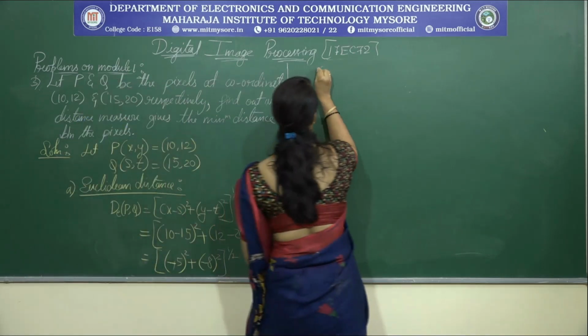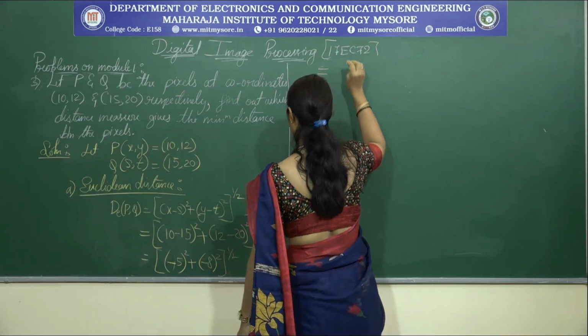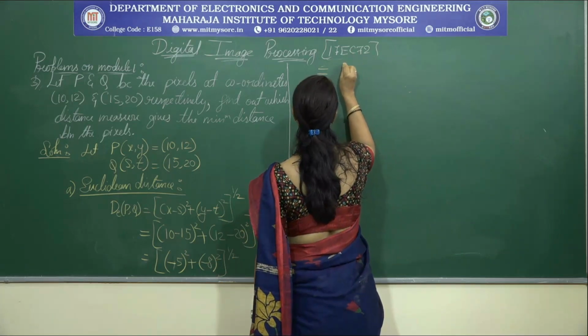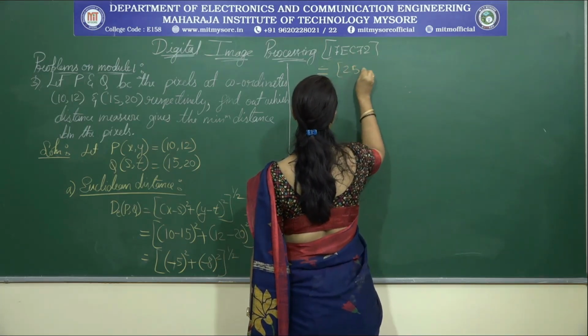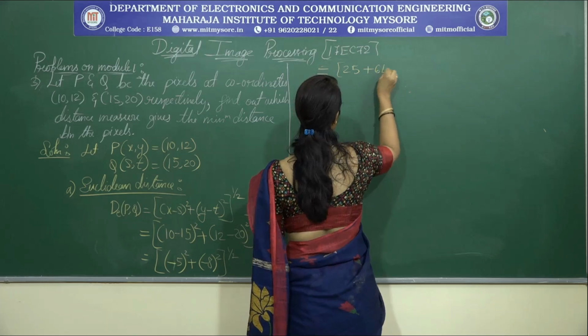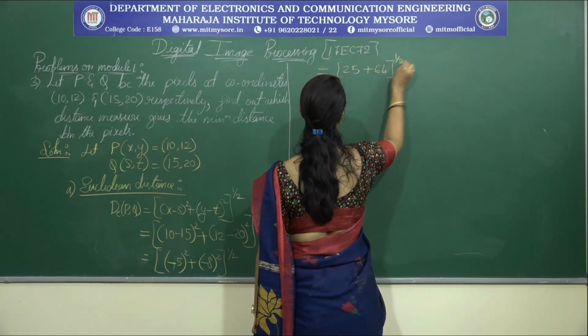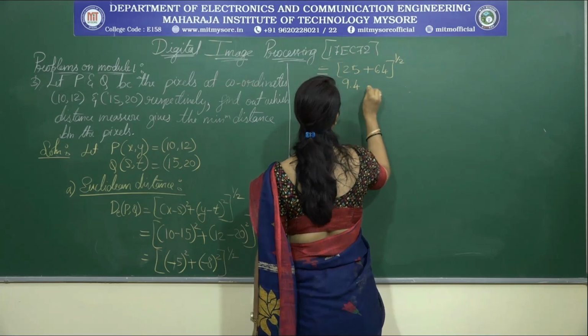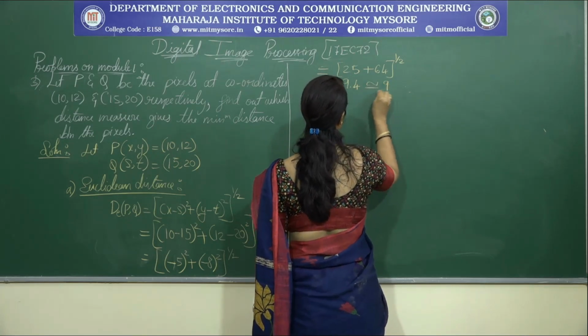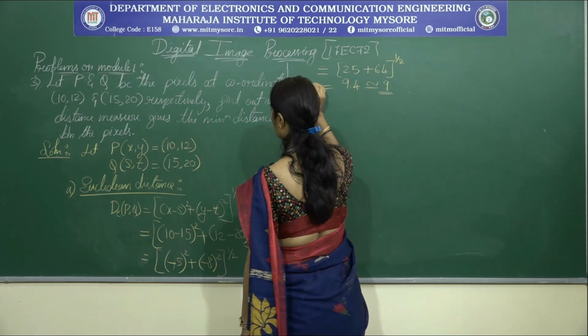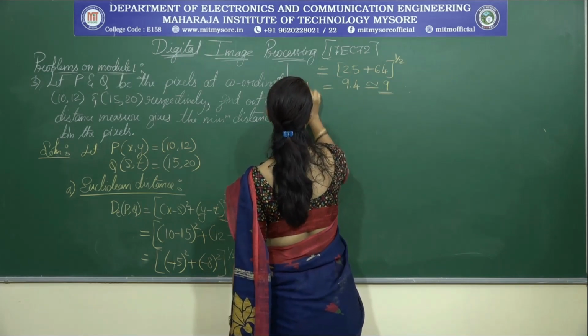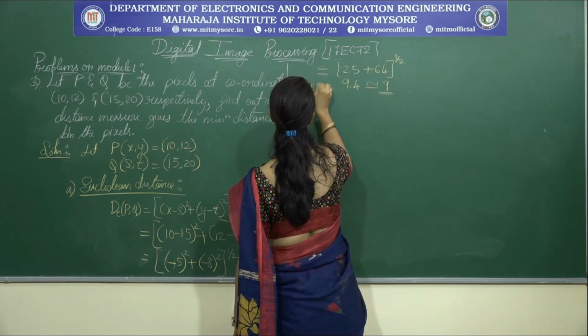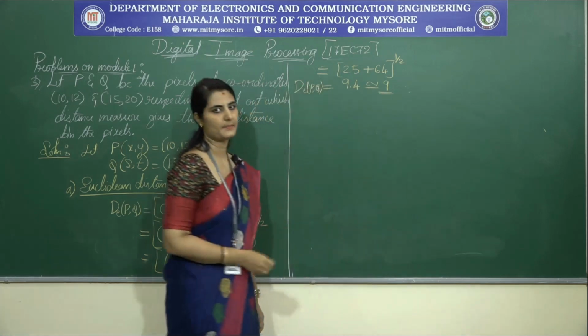Simplifying, this is equal to (25 plus 64) whole power 1 by 2, which we get as 9.4. So approximately this is equal to 9. So the Euclidean distance between P and Q is 9.